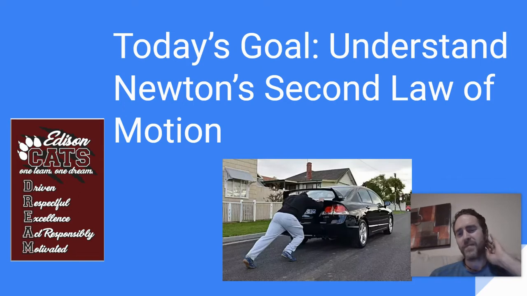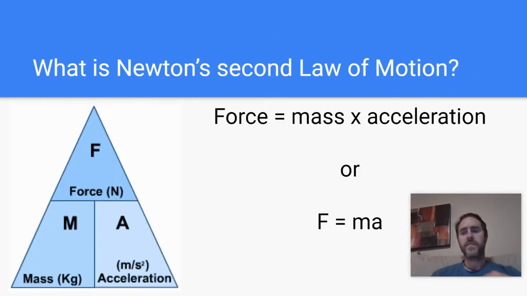So basically, something that's not moving is going to stay not moving until you act upon it, while something that's moving is going to stay at a constant velocity unless there's a force acted upon it. Well, let's try and figure out what kind of forces you need to put on these things to make them move. And what's the difference if you have something large, something small? Let's take a look.